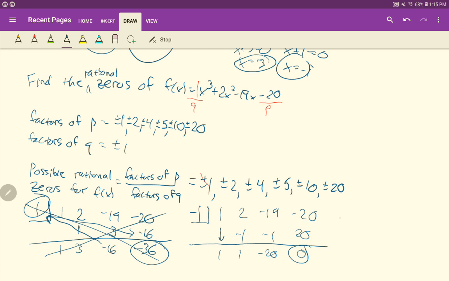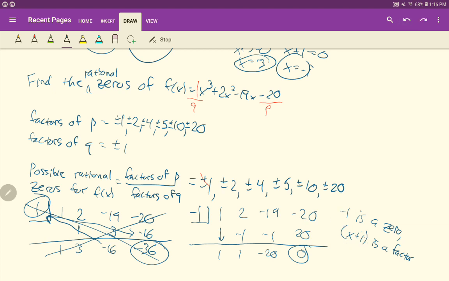Okay, so negative 1 is a 0, which means x plus 1 is a factor of the polynomial, right? Remember that this is what we actually are dividing by, if this number works.